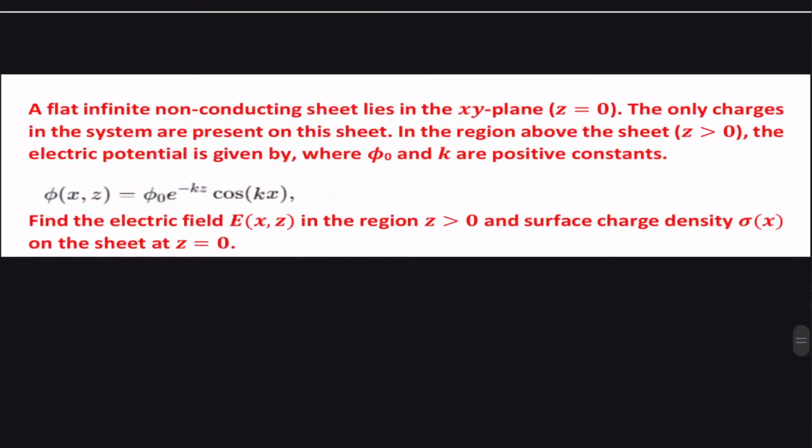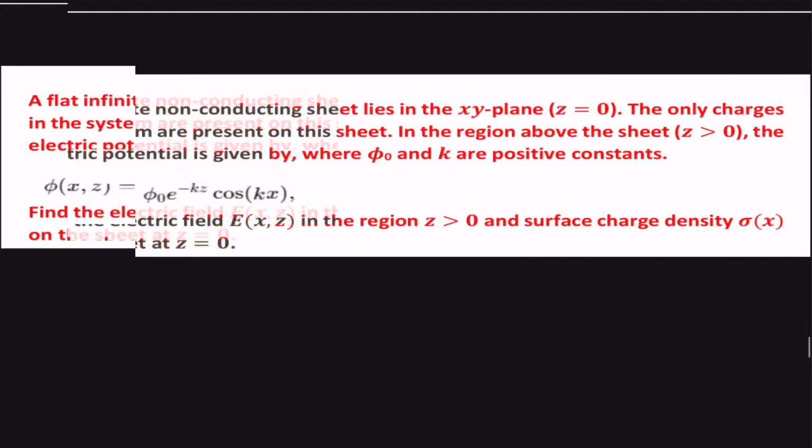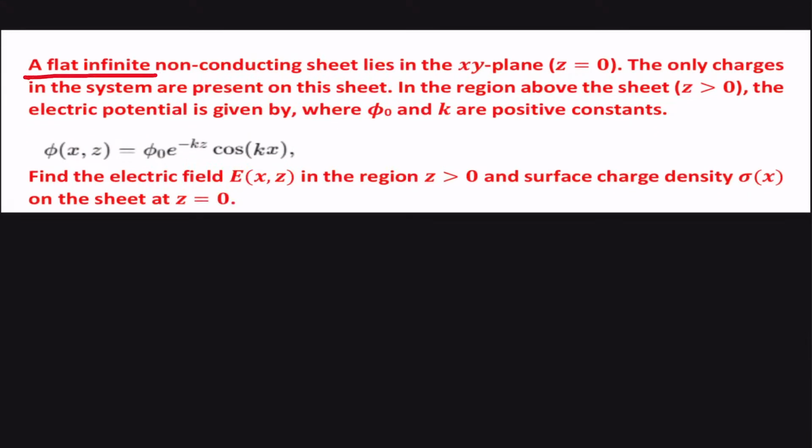Next question. So it is given a flat infinite non-conducting sheet lies in the xy plane, z equal to 0. The only charges in the system are present on this sheet.